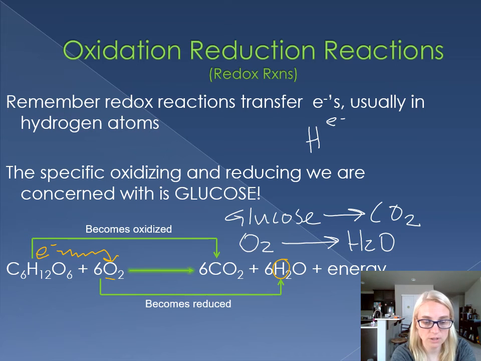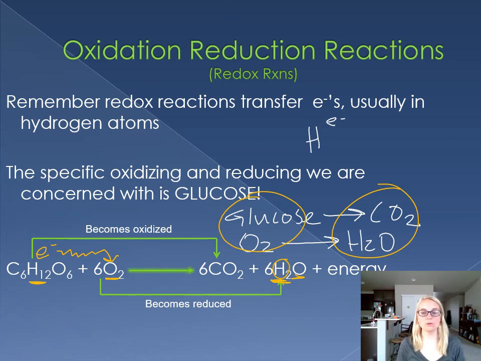So here's the oxygen, here's some of the hydrogens. And so your electrons that you're stripping away from the glucose get transferred to the oxygen. And here's our reactants and here's our products. So glucose in the presence of oxygen will be oxidized into carbon dioxide. Oxygen will gain those electrons and be reduced into water.